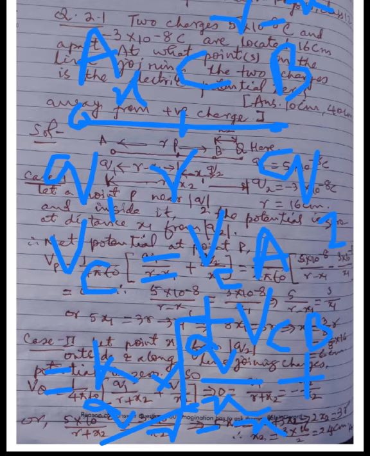So this is the way to calculate the potential at point C due to two charges.